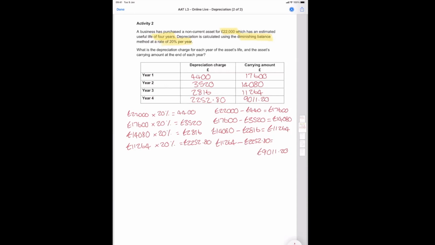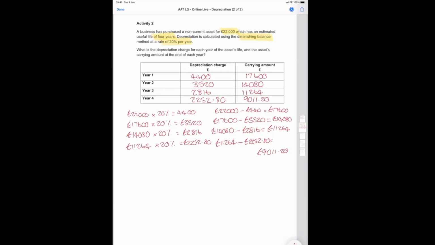Okay. Both methods are acceptable, but look out for questions that you're dealing with because you will be told what to use, either the straight line method or the reducing or diminishing balance method. Remember that when you're using the reducing balance method, you're always going off the carrying amount and applying the same percentage each year.